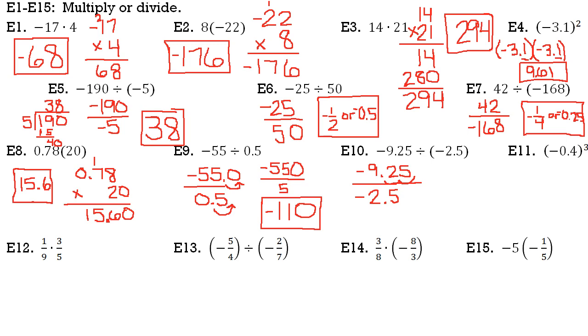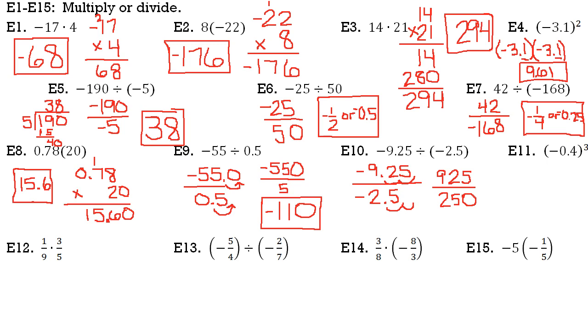If you move the decimals twice, you end up getting 925 over 250. I don't know if that really helped a lot. It seems to me like you might be better off writing it out the long way, or at some point you're probably just going to say forget it and use a calculator, but I'm just trying to demonstrate all the different ways these could be done.